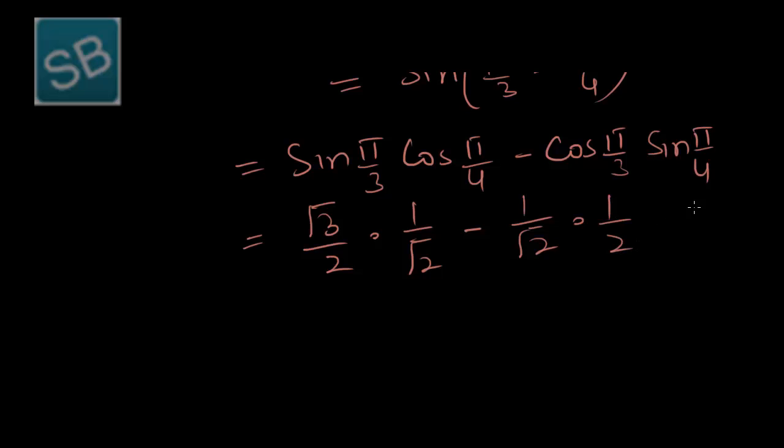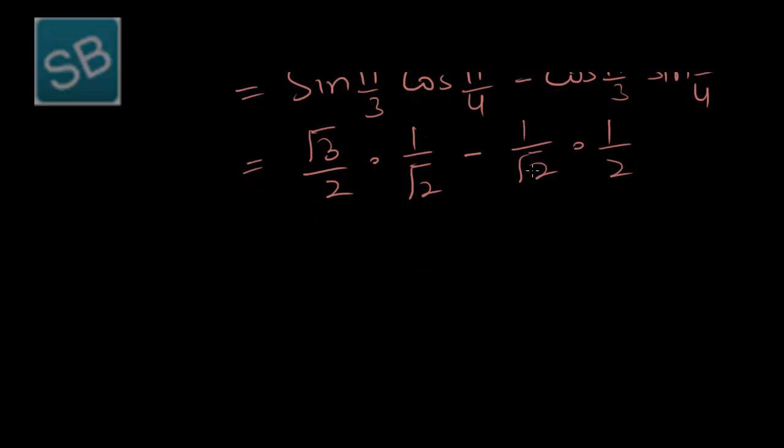Here 1 by root 2 is the value of sine pi by 4 and also of cos pi by 4, sine pi by 3 is root 3 by 2, and cos pi by 3 is half.